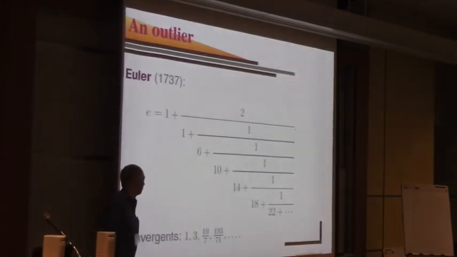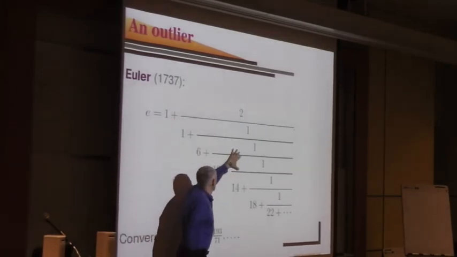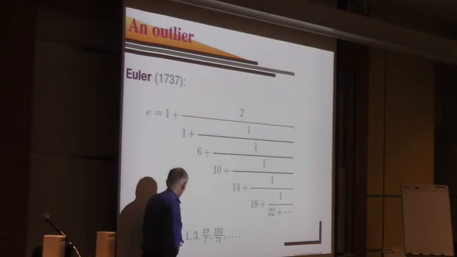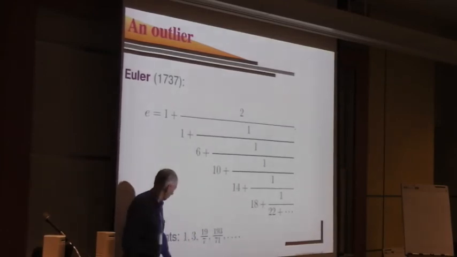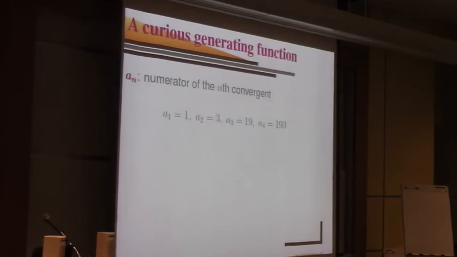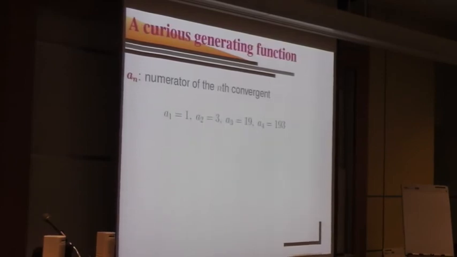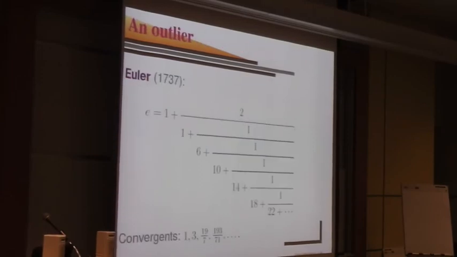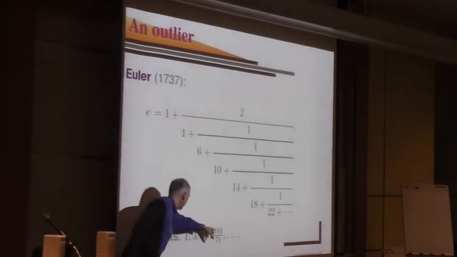When you look at the convergents of this continued fraction, cut it off at some point, look at the rational numbers, and we're interested in the numerators of the convergents. So let an be the numerator of the nth convergent. 3, 4, 190.